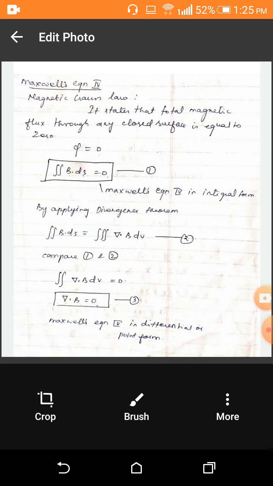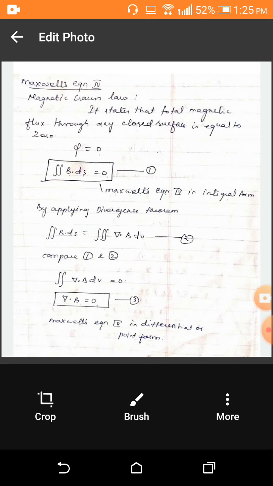Mathematically it is expressed as surface integral B dot dS is equal to flux. That is, the flux is equal to 0 and the expression becomes surface integral B dot dS is equal to 0. So this is Maxwell's equation 4 in integral form.